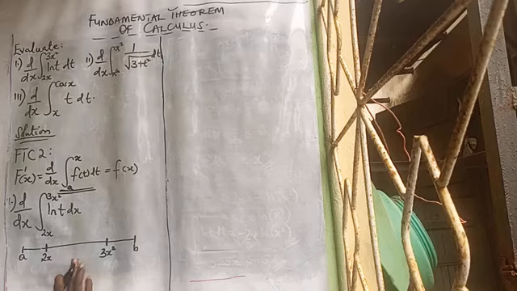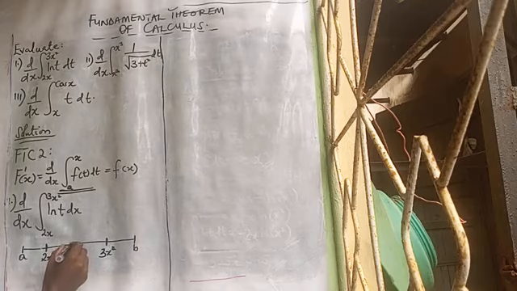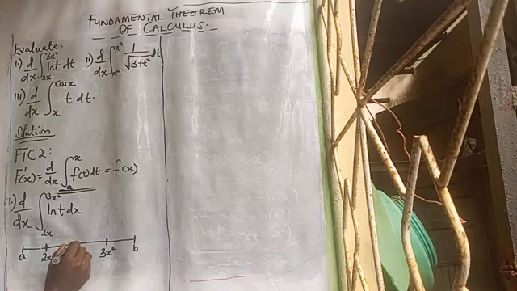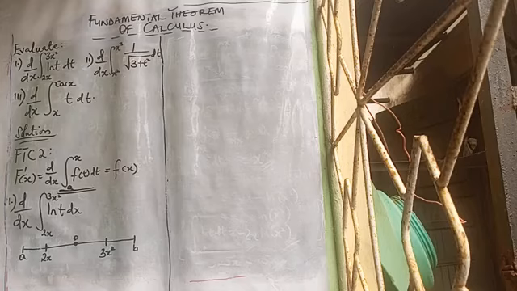Assuming within this subinterval of 2x and 3x squared, I have a point c. Let me say that my point c is point 0.